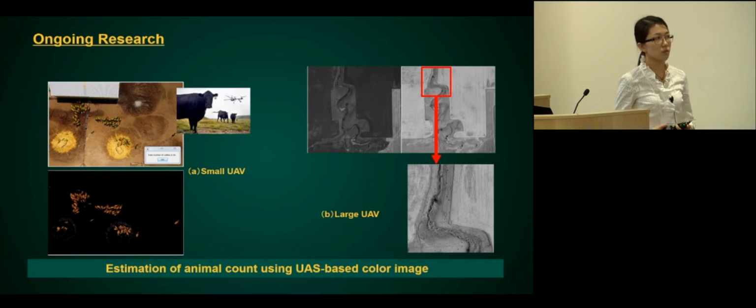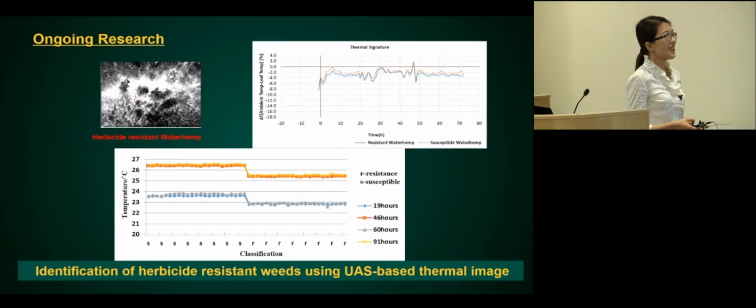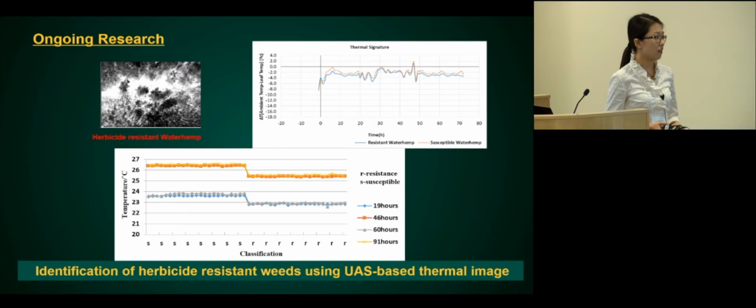I'm using the gray level co-occurrence matrix to extract the features of the animals. Then I input all the features into the SVM classifier, and then I can identify the animals in the picture.